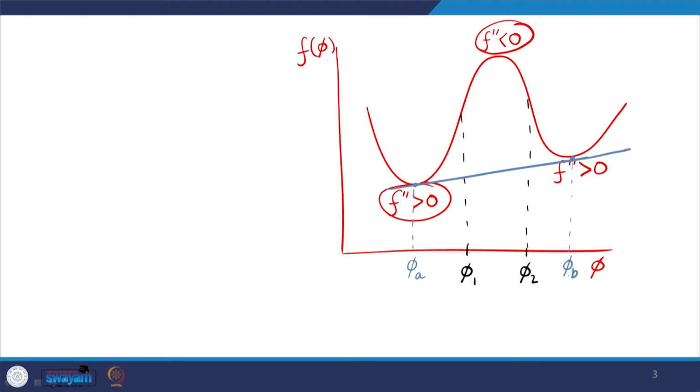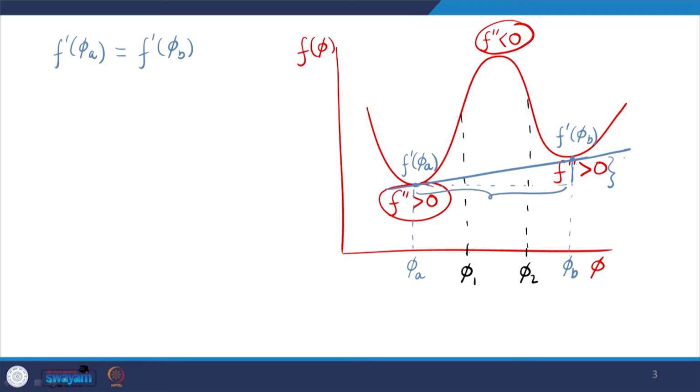And to find that, what we can notice is that the slope of the function, f prime at phi A, should be equal to the slope f prime at phi B, that is f prime phi A is equal to f prime phi B, and we can find the magnitude of this slope by simple geometry. We can draw a triangle like this, and the slope is given by basically this divided by that.